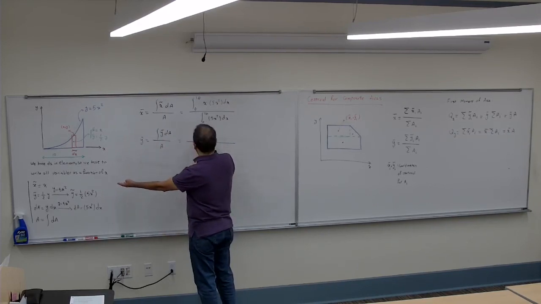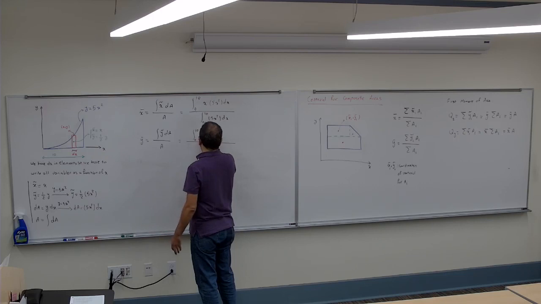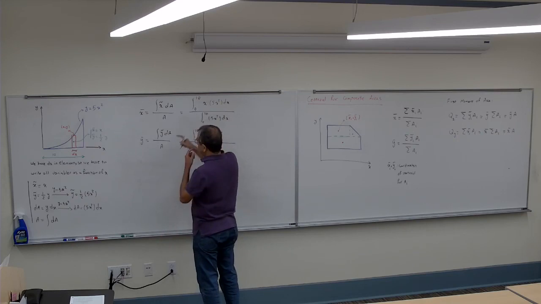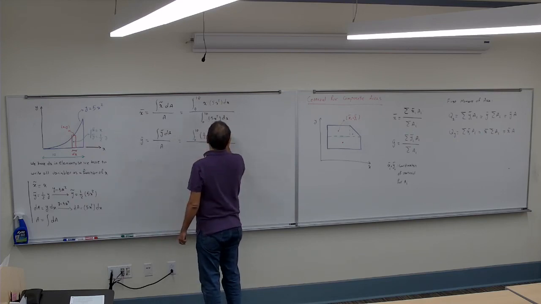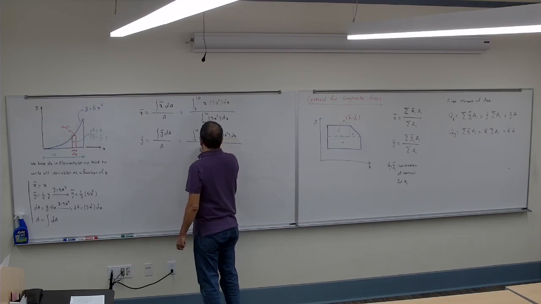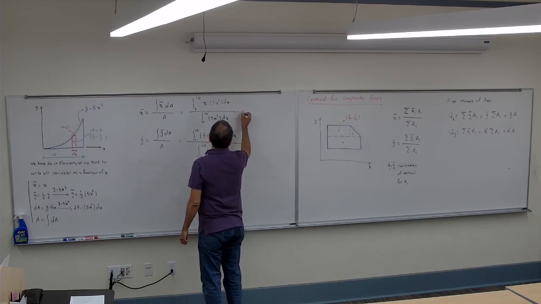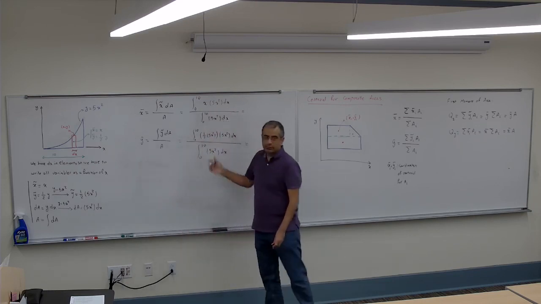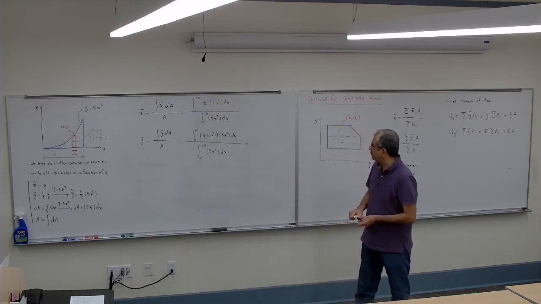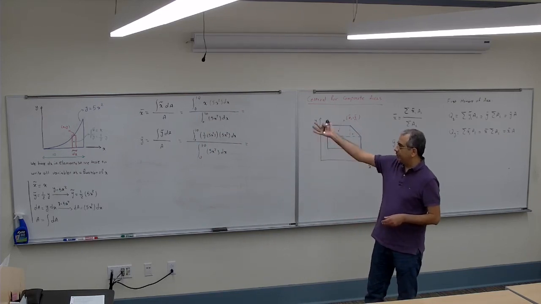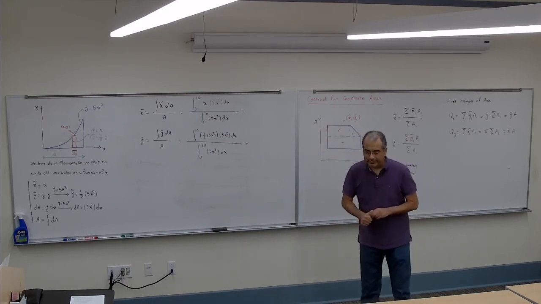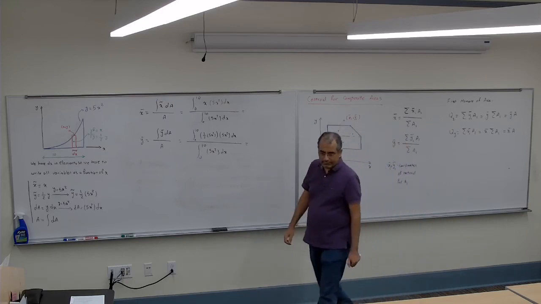Y tilde is half of 5x squared, so that's the y tilde, and then the dA, which is gonna be 5x squared dx, and the area is gonna be the same, 0 to 10, 5x squared dx, and then you just need to plug in your calculator, because I randomly chose the numbers, I don't know the answer for them.